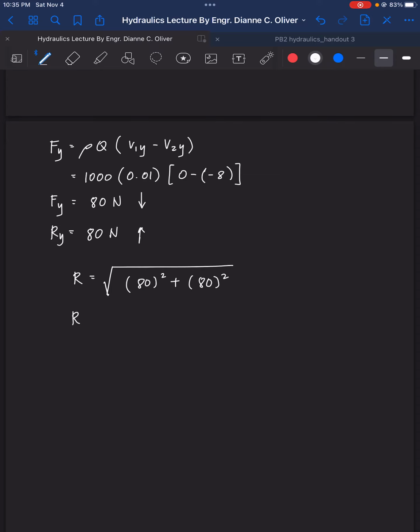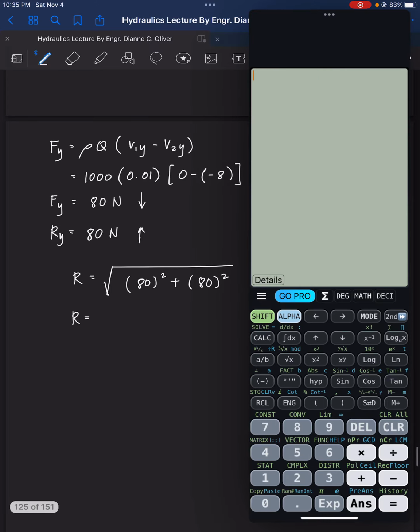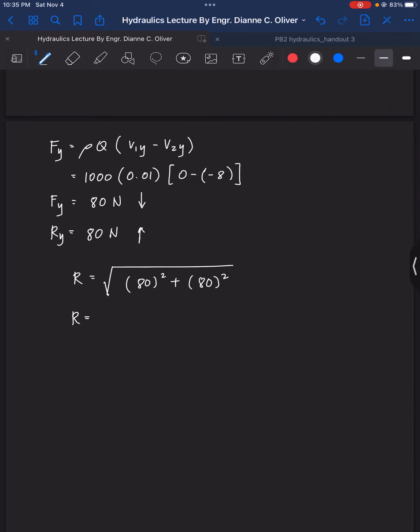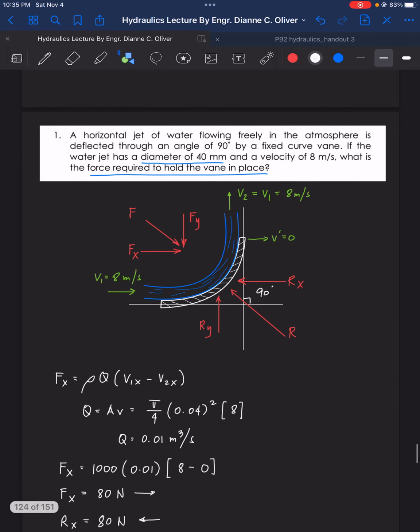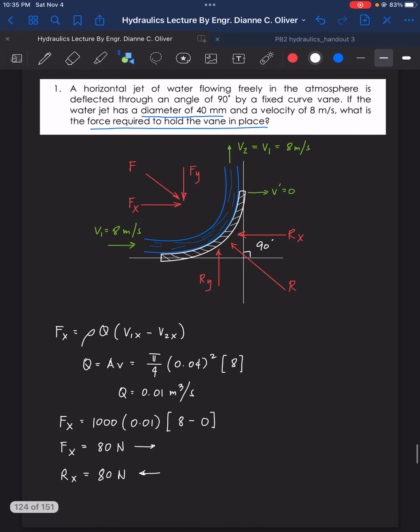So, R is now equal to the square root of 80 squared plus 80 squared, so 113.14 Newton. So that is the resisting force. So that's number 1.